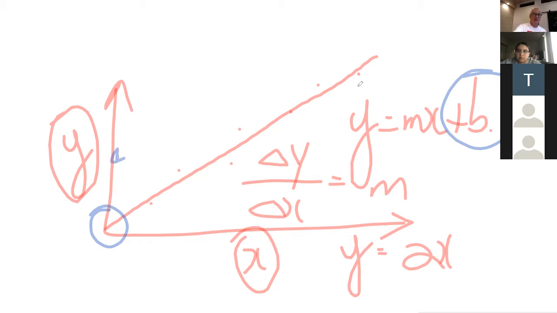So here, it seems to cross it right about there, very close to 0, but not precisely, it seems. So when X equals 0, this plus b, or the y-intercept, is whatever the value of Y is at that point.